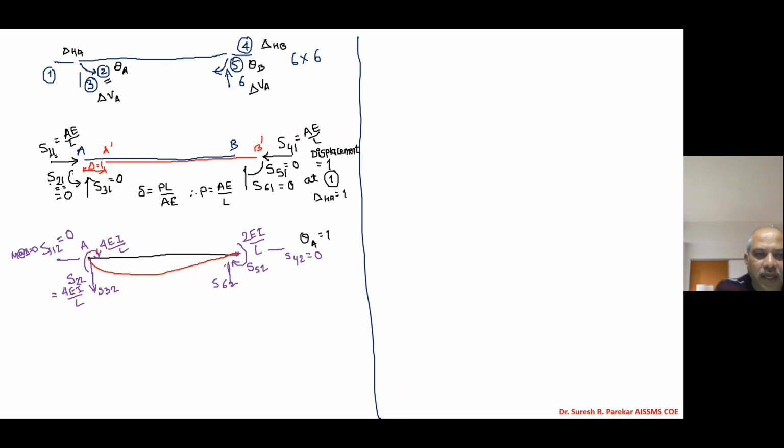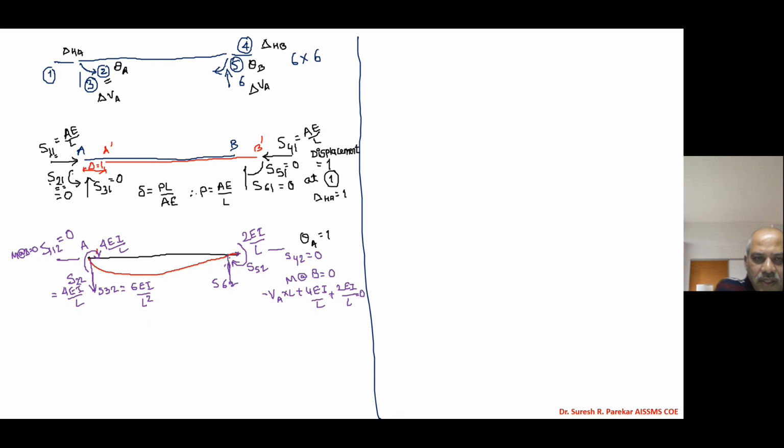You can calculate 6EI upon L square. So I will write here moment about B and I will consider downward only. So minus VA into L plus the moment, which need not be multiplied by L, plus 2EI upon L, equal to 0, gives me VA as 6EI upon L square.